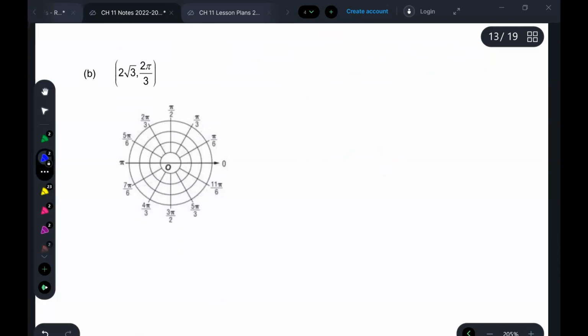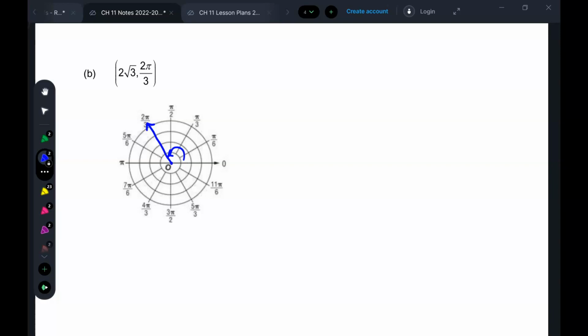Okay, another one. Let's start with 2 pi over 3. So here's our angle. Now 2 root 3, what would that be approximately? Root 3 is about 1.73, and you can do this on your calculator to get an approximation.